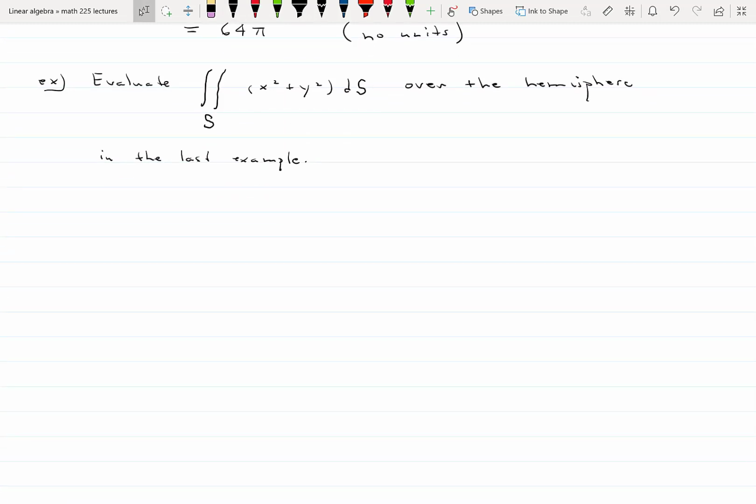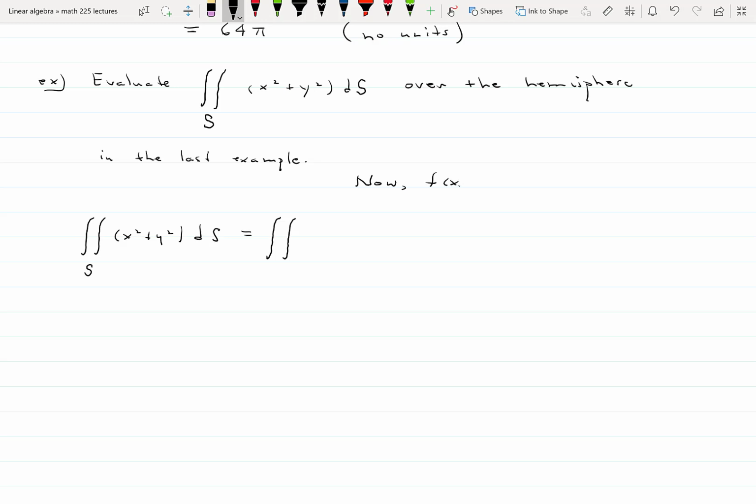Okay, so how do we evaluate a surface integral? We evaluate a surface integral by stuffing the formula for the surface into the function we're integrating and turn that into a double integral. Well, before the function was f of x, y, z equals z.